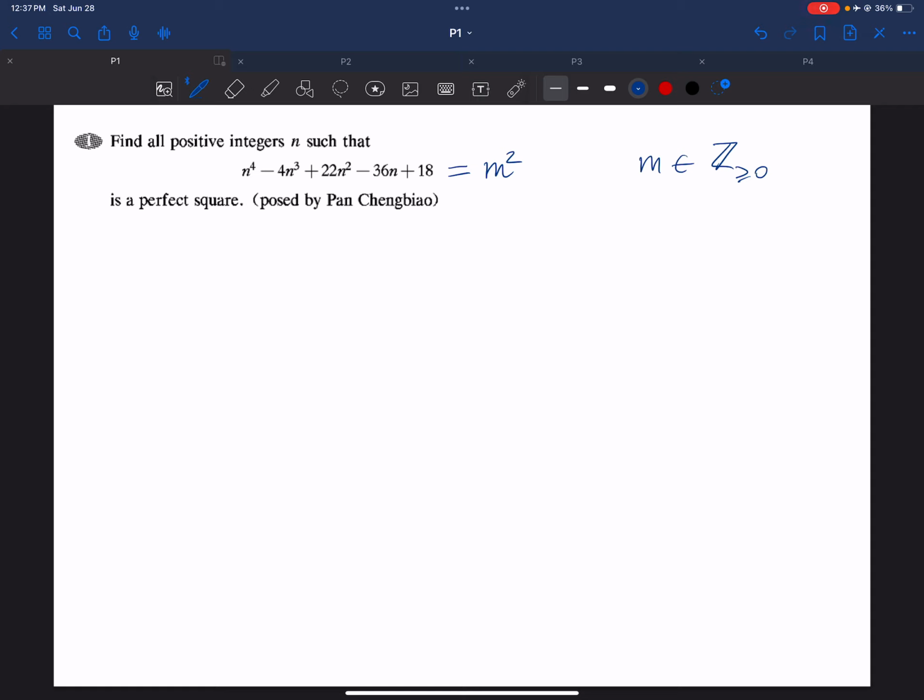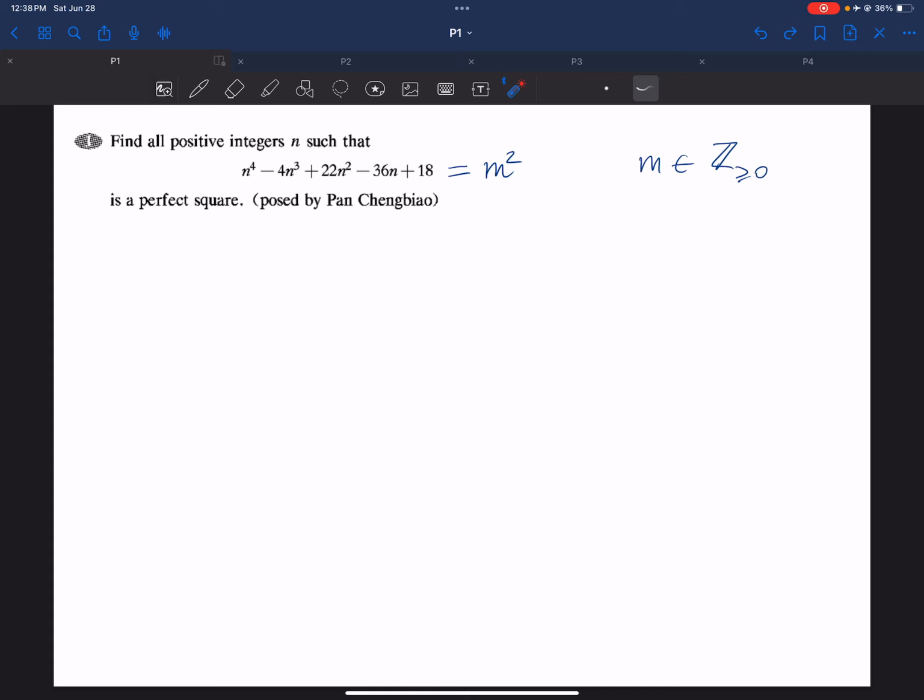Let's play with this expression a little bit. So the first thing I notice is that the first two terms kind of look like they're trying to organize themselves into a perfect square.